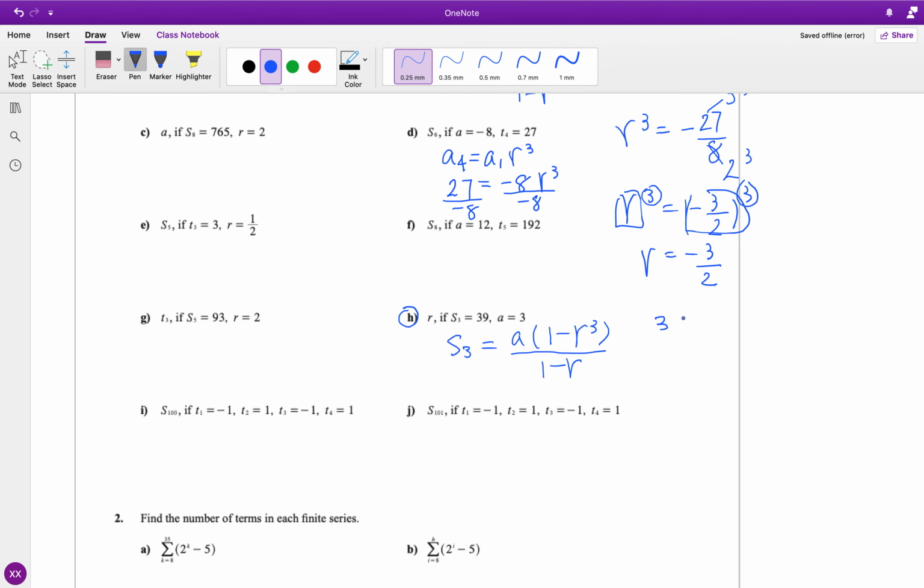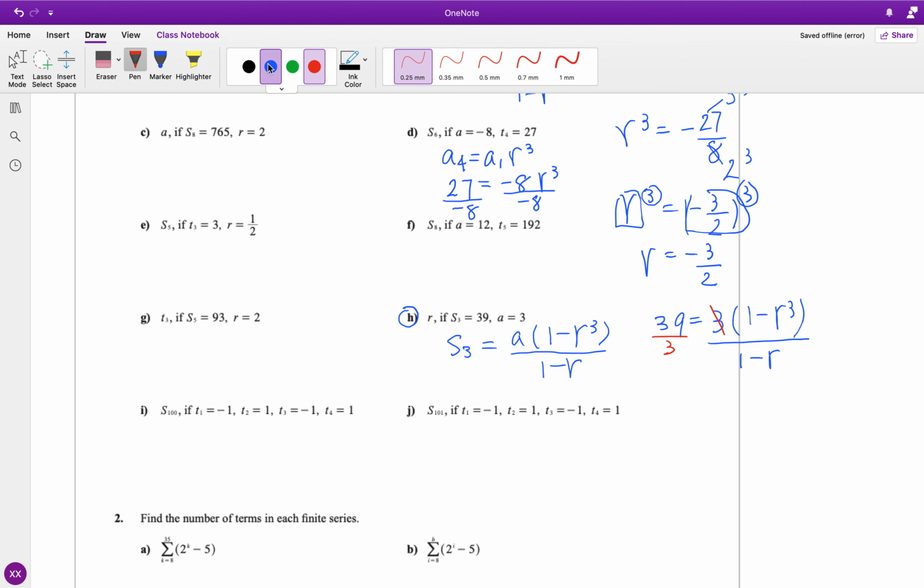That means 39 equals 3 multiplied by (1 minus r to the power of 3) divided by (1 minus r). On both sides, I'm going to divide by 3, of course I can do that. So the 3 is gone, and 39 divided by 3 is 13.